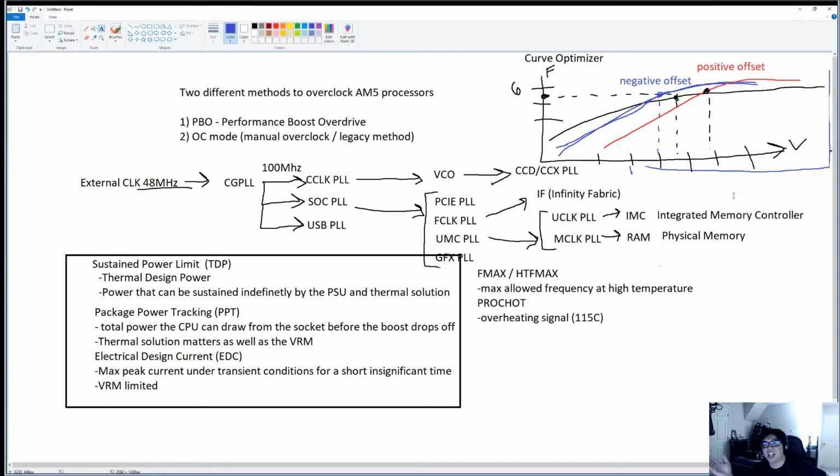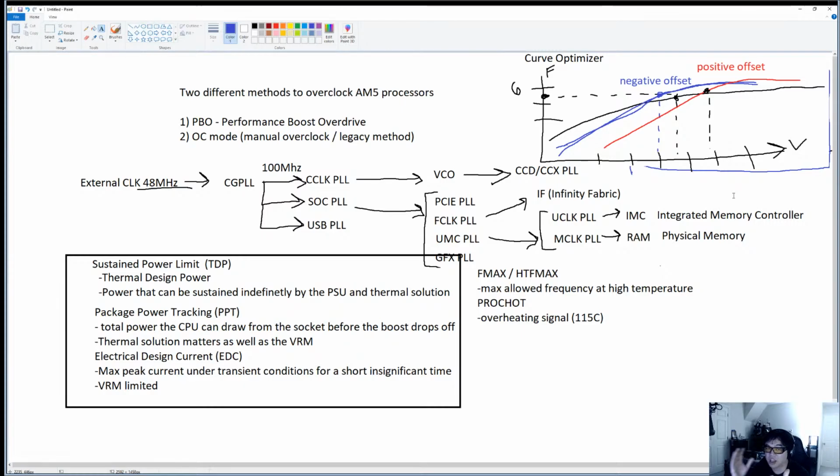Now, it's not a manual undervolt, but it's essentially automating the process. It's trying to search for the voltage number that the CPU can use, a lower voltage number than stock, to be able to hit that same frequency. Now, if it's not able to do that, it's going to be unstable, or it's just not going to work, right? That's why people punch in like negative 30 and then the CPU's unstable.